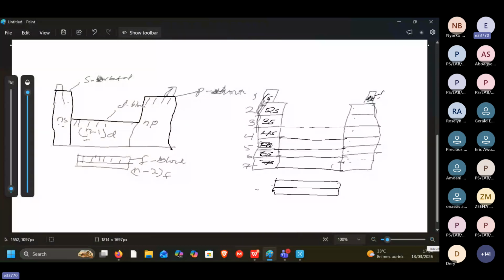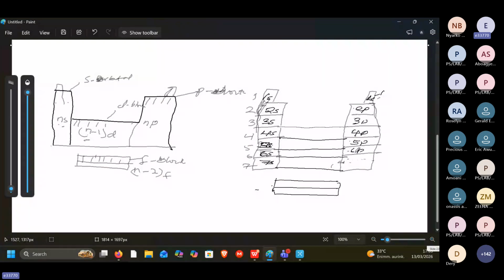So the rest will be ending with 2p, 3p, 4p, 5p, 6p, and then 7p if you are writing the electronic configuration. So all the elements in the P block will be ending at the p.